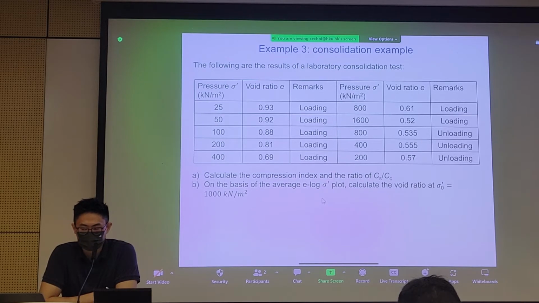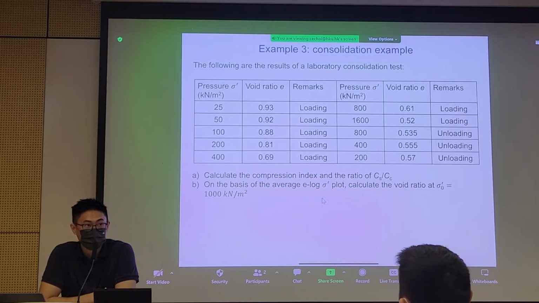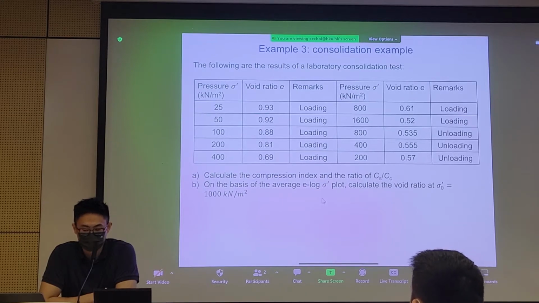So what we can do next is use our odometer test data plotted on void ratio versus normal effective stress to predict how much settlement we would expect. We can predict how much settlement we should get for, let's say, pure virgin compression, or for more complex scenarios where we are dealing with overconsolidated soils and moving back along the virgin compression line.